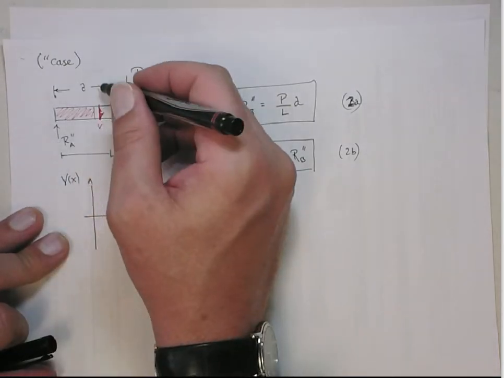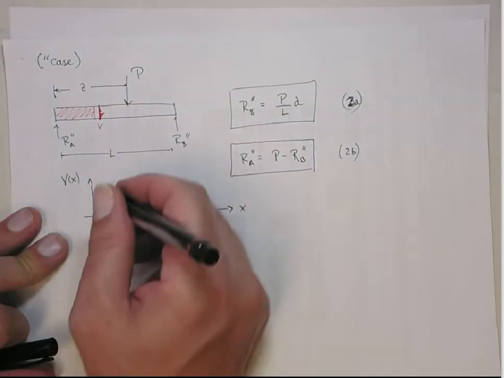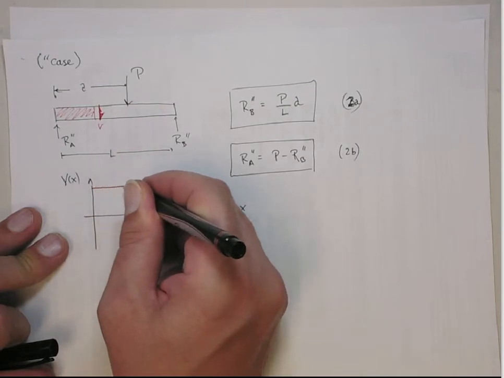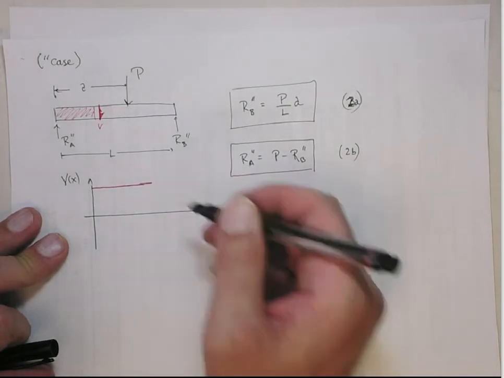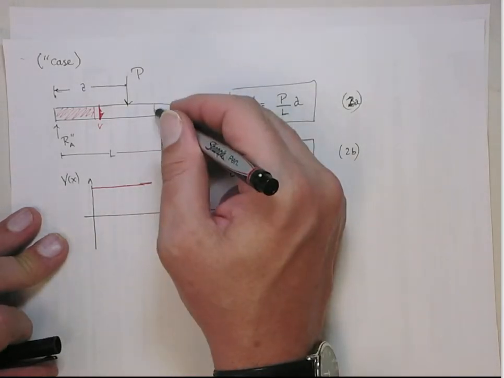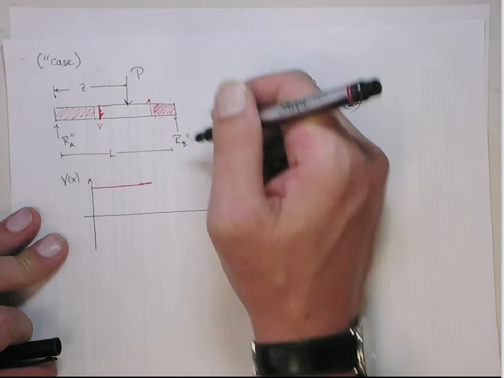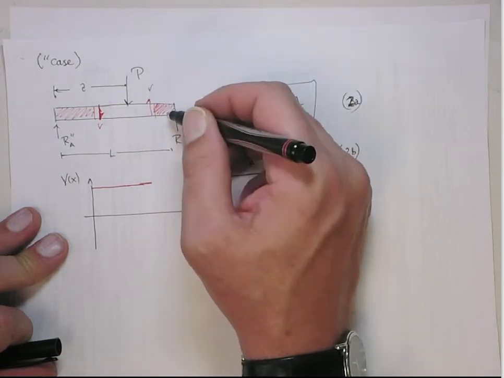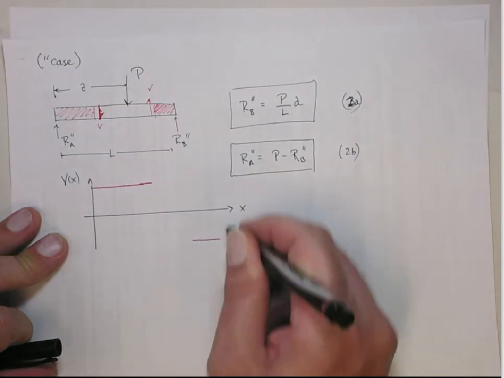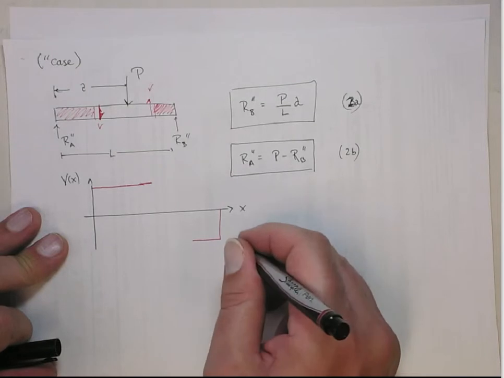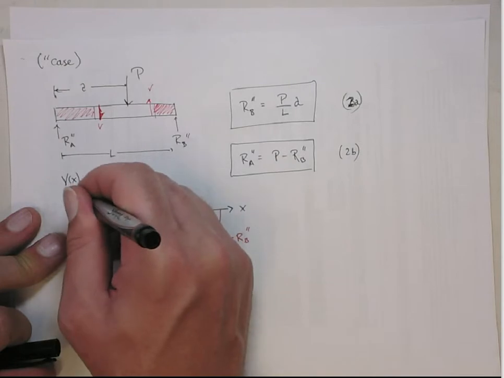The shear, positive shear is downward, and obviously that is just going to have to equal RA double prime, right up to P. Well, I should do it up a little farther. Okay, and likewise, if we look at the right-hand side, now positive V would be upwards. You can see actually V is equal to minus RB double prime. Where this is minus RB double prime, this value here is RA double prime.